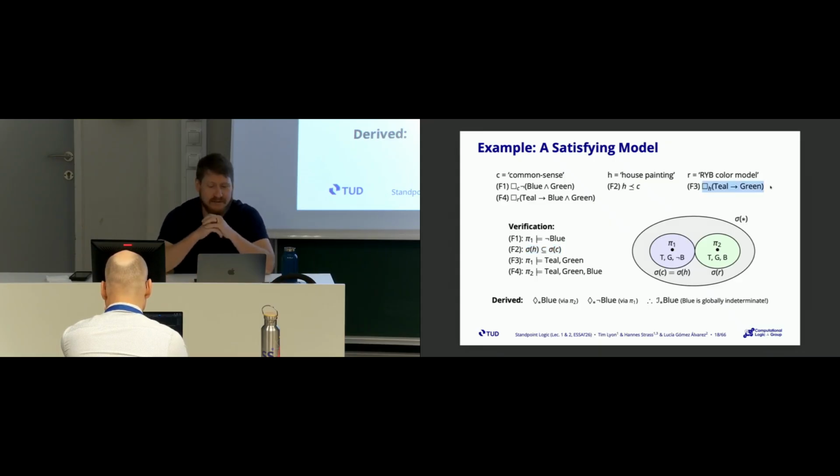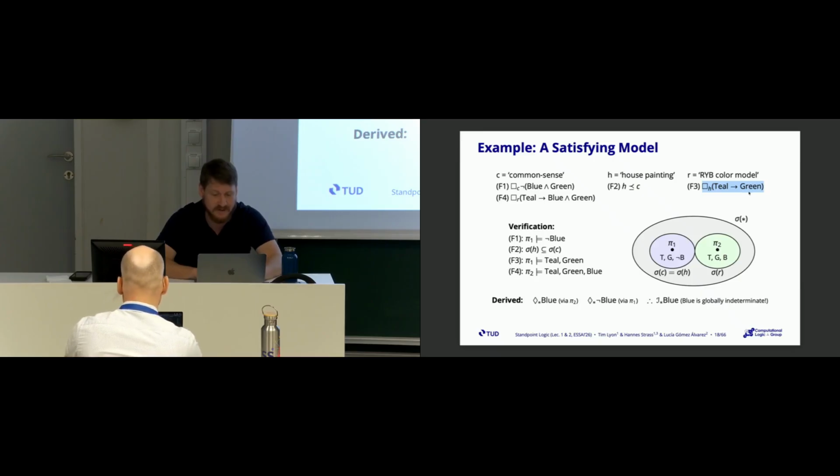We have that from standpoint H, teal implies green, because in pi1, so every precisification in the interpretation of H, teal and green are both true there, so this implication is true. And last, at precisification pi2, teal, green, and blue hold, therefore this implication holds.